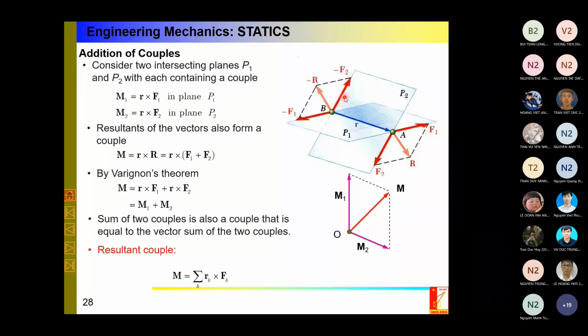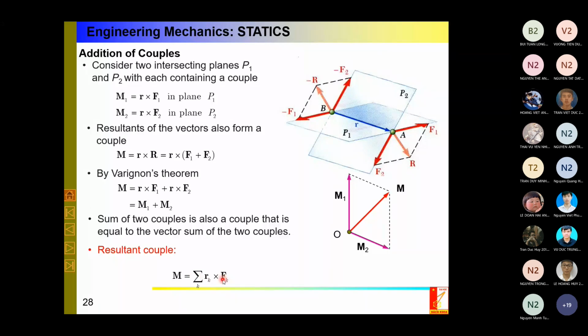You can calculate the resultant force of these two points, and after that create a resultant couple, or by using M1 and M2, representing these two couples by vectors, and after that I calculate the resultant couple of the two original couples. So you see, it is only some mathematical operation for you to understand well. So resultant couple, if I have many forces, I can calculate the resultant couple of many couples and many forces.